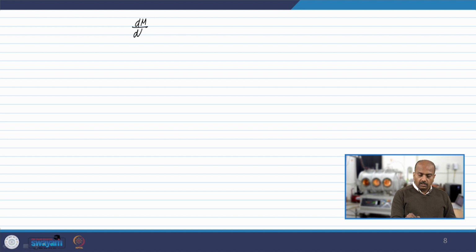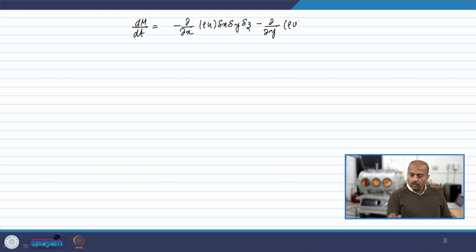So far in our discussion we have seen the rate of change of mass into the Eulerian control volume can be written as dm by dt is equals to minus ∂/∂x of ρu Δx Δy Δz minus ∂/∂y of ρv Δx Δy Δz minus ∂/∂z of ρw Δx Δy Δz.